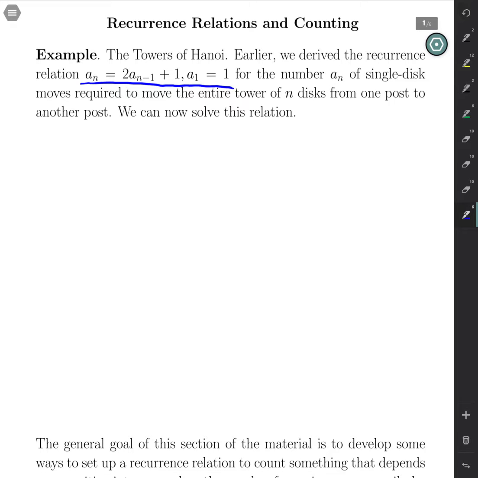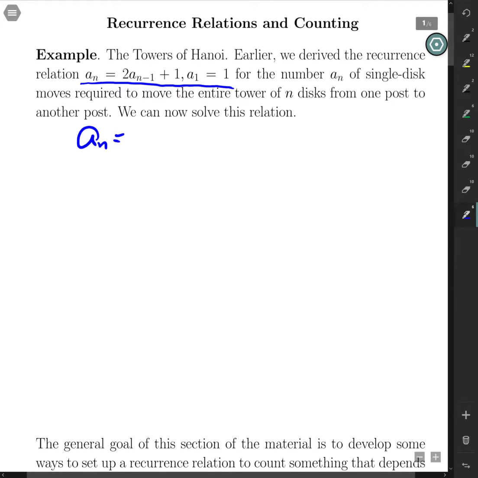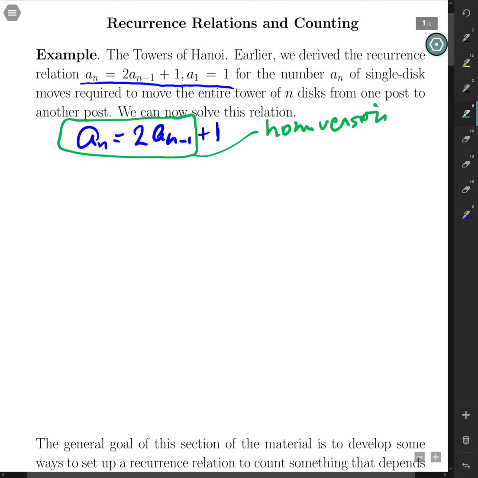We now know how to solve this because we have the recurrence relation a_n = 2a_(n-1) + 1. It's non-homogeneous, and that's why we waited till now to actually get a full solution for it. So what we'll do is look at the homogeneous version, and that gives us the characteristic equation.